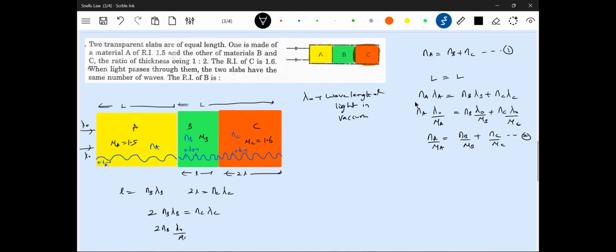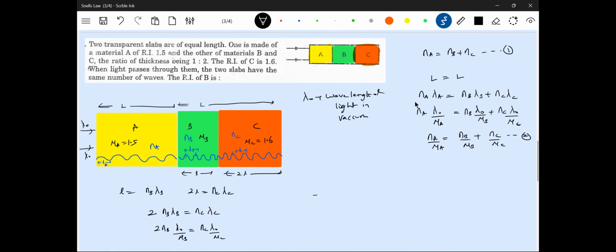Lambda B is lambda naught by mu B, and lambda C is lambda naught by mu C. So therefore this 2 should be equal to NC mu B by NB mu C. Or let me write an expression for NB.